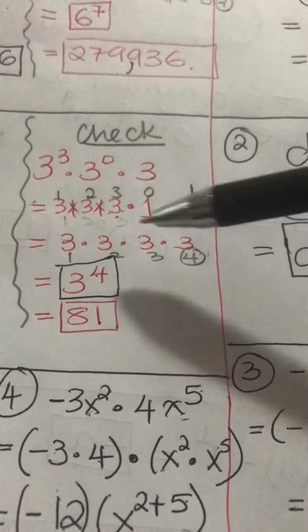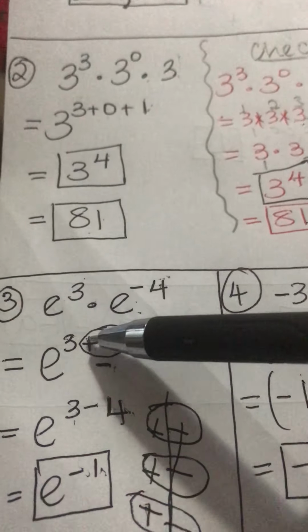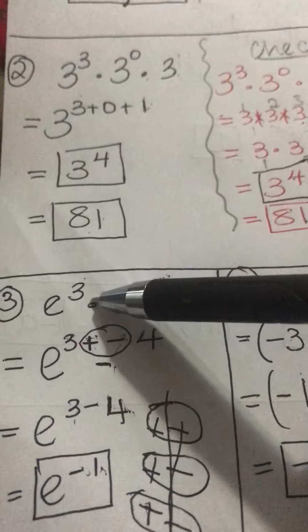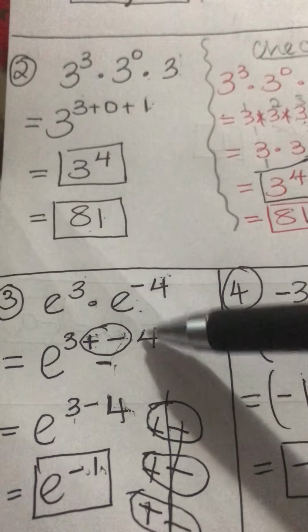Okay. Now, let us do when the bases are variables or letters. You see my bases are the same because they are both e's. So what do I need to do? E to the 3rd power plus, because we are multiplying. It is plus because we are multiplying -4.